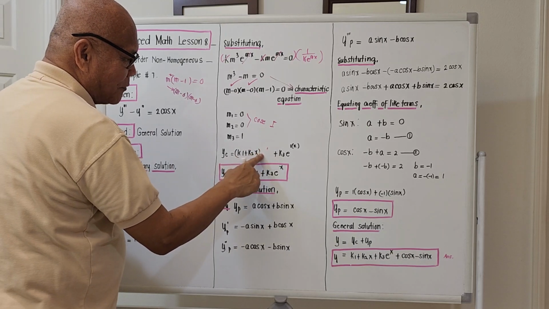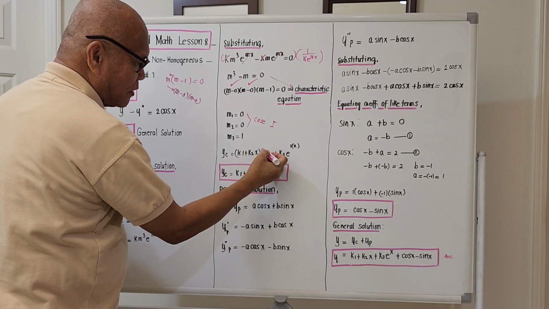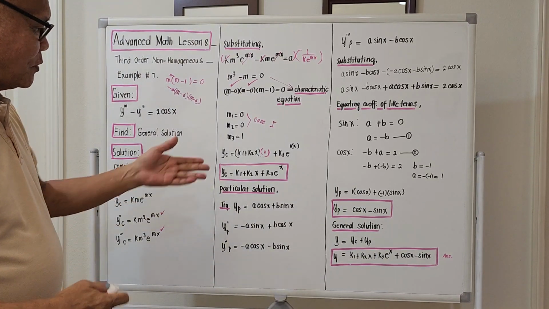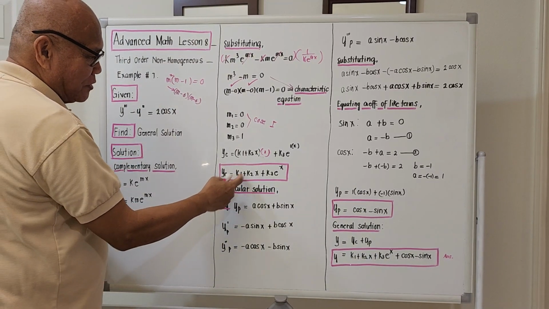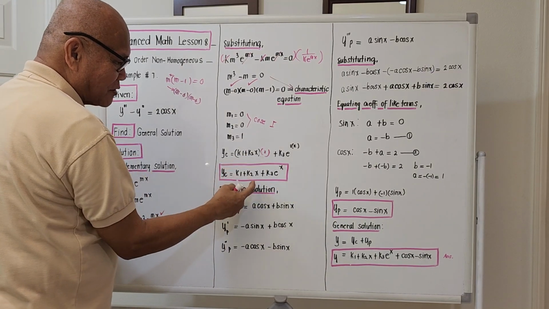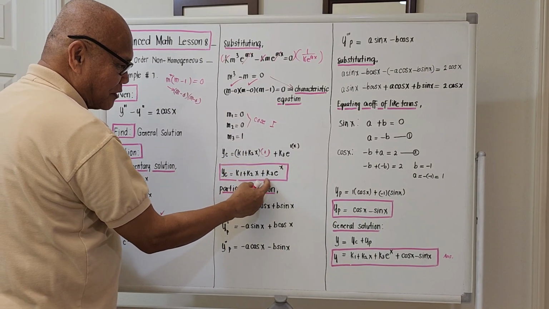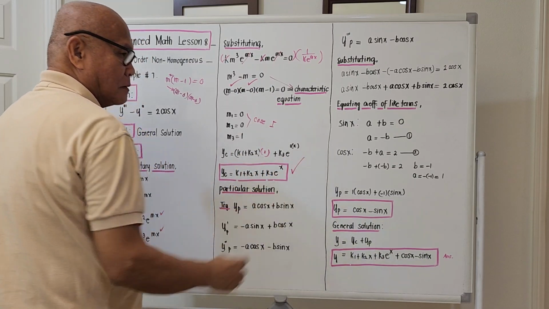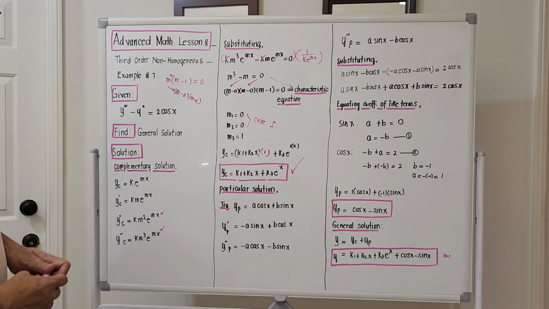So we could actually replace this, this is multiplied by 1. So the complementary solution now will just be simply k1, since this is 1, 1 times k1 will be k1, k2 x times 1 will still be k2 x, plus k3 e to the x. This is the complementary solution. As simple as that one.